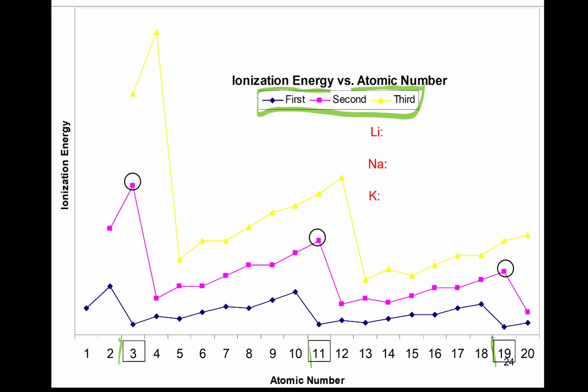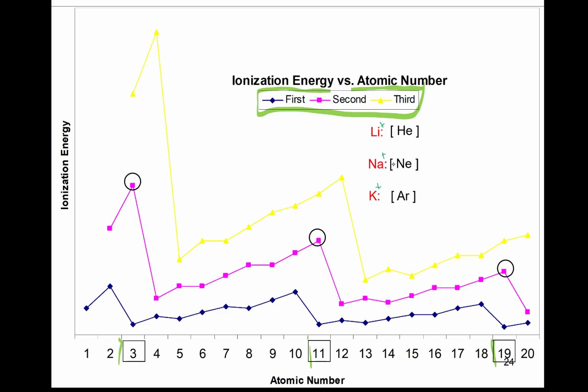Still looking at these atoms, let's look at their electron configurations. Notice they all have their highest energy level as the s1 orbital. It's 2s1, 3s1, 4s1. So there's one electron in the s orbital of the highest energy level. That's their valence electron. If they get rid of those, they all form ions with a +1 charge.